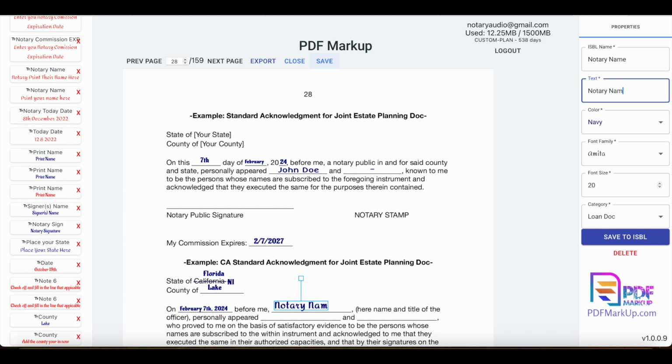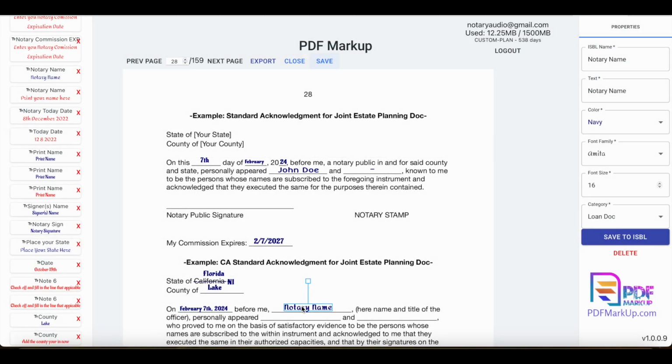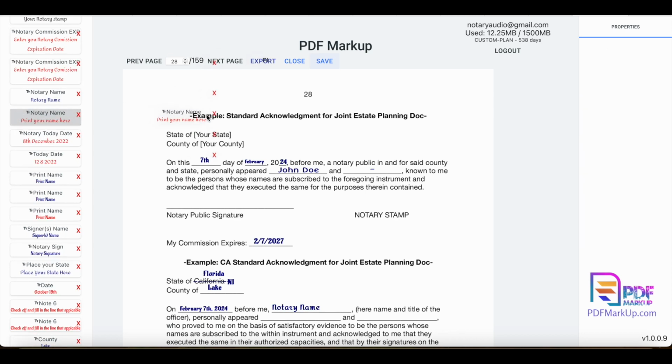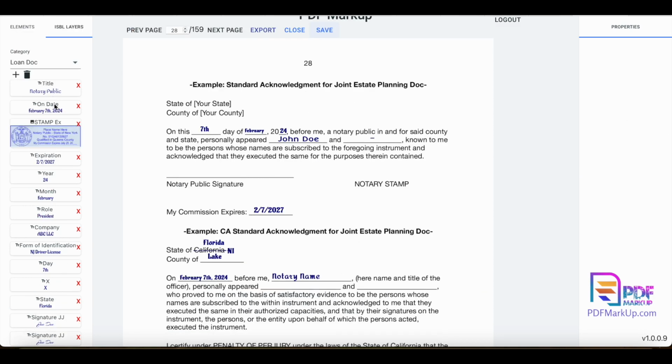Notary name. So then we put before me. So the before me, let me edit this. Sir, so you're going to put comma, notary public.